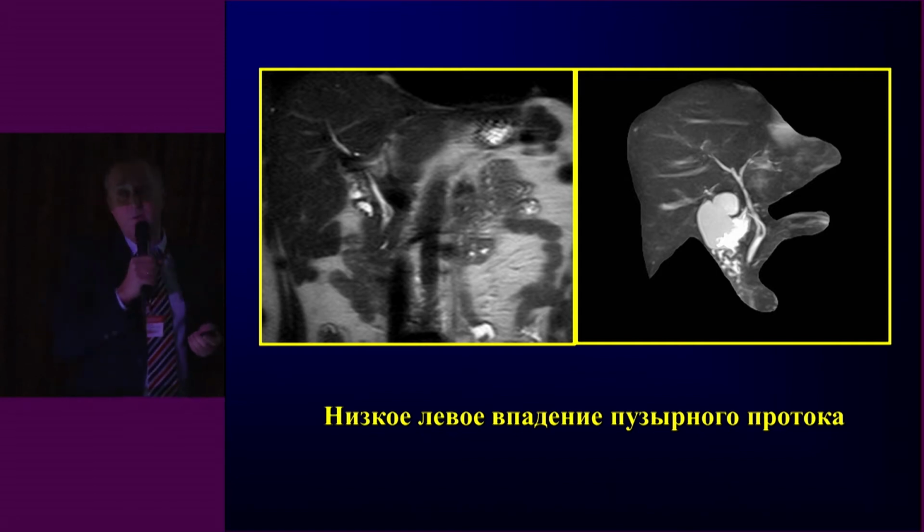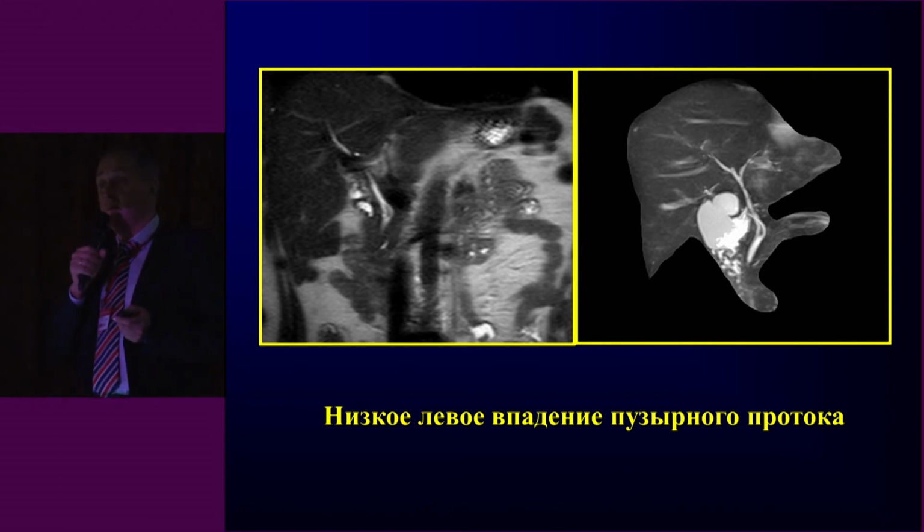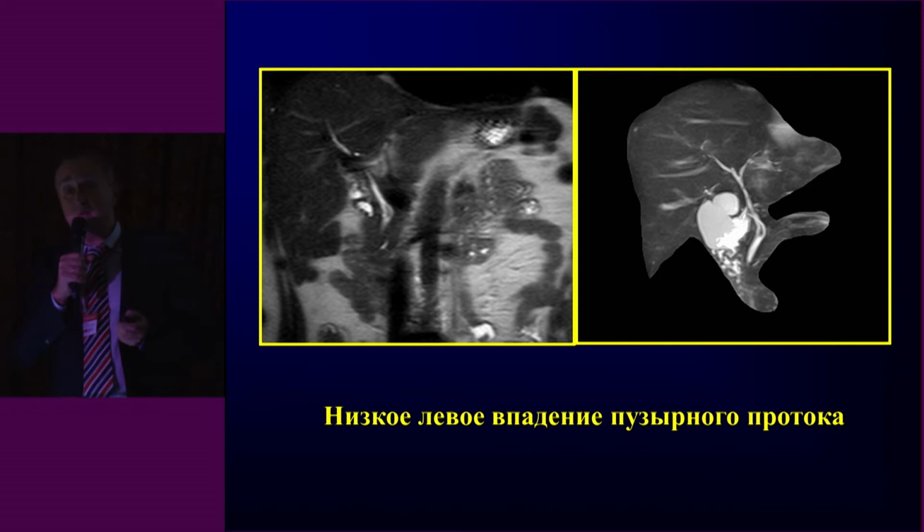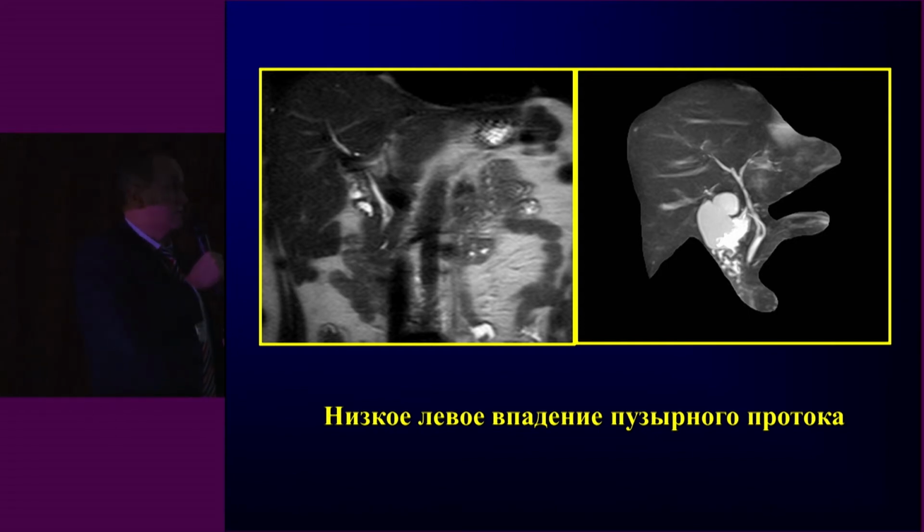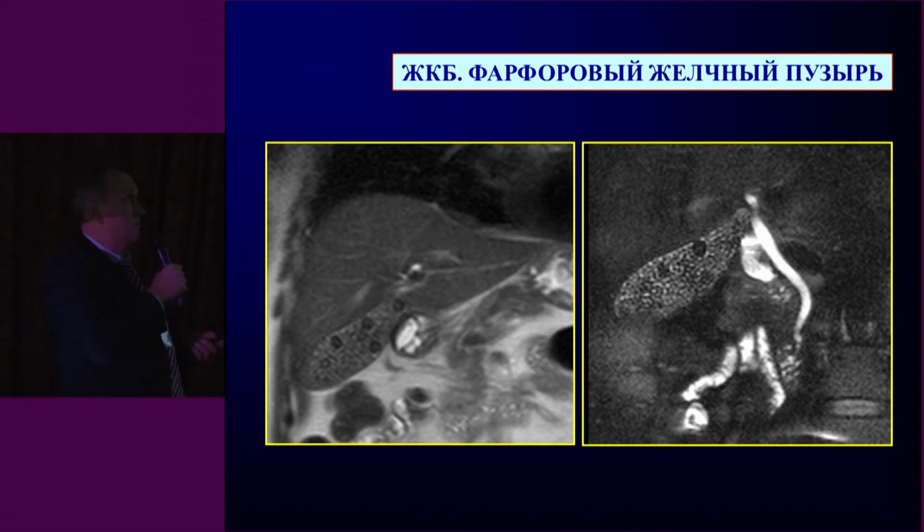If you do cholecystectomy and leave a long stump, I can agree with Viktor Anatolievich, it will provide clinical signs. It is a predictor for development of residual CBD stones.